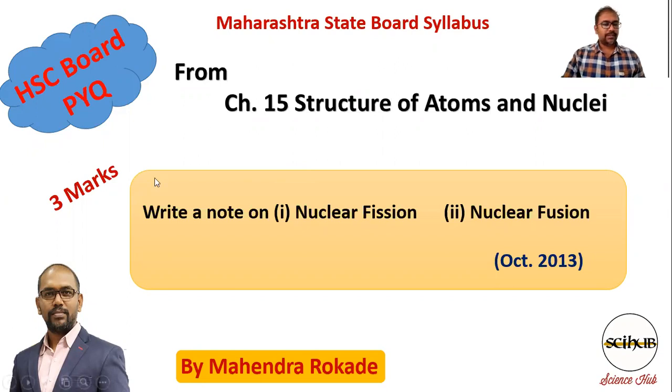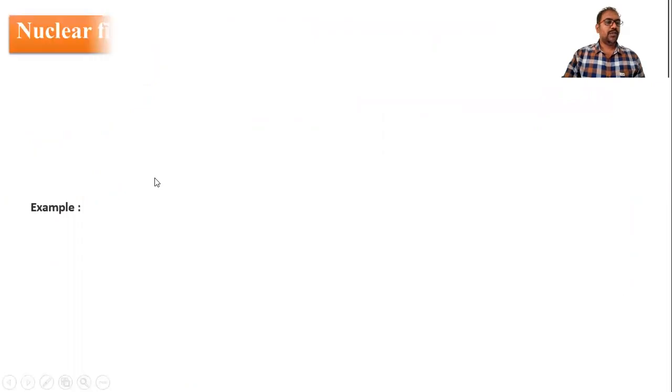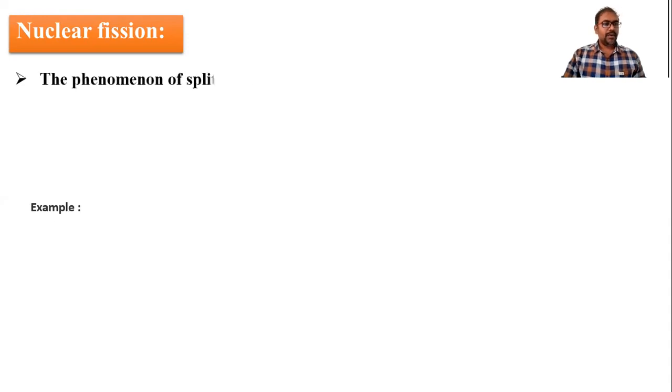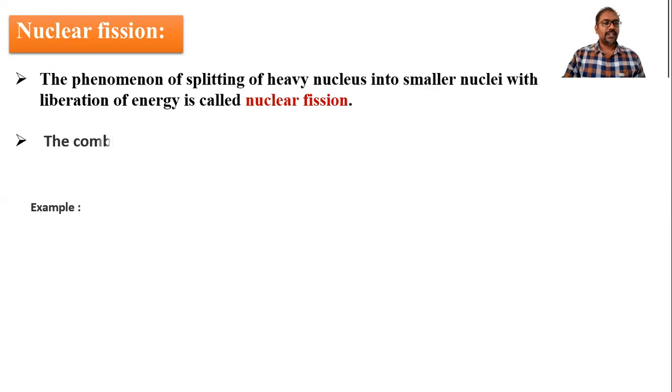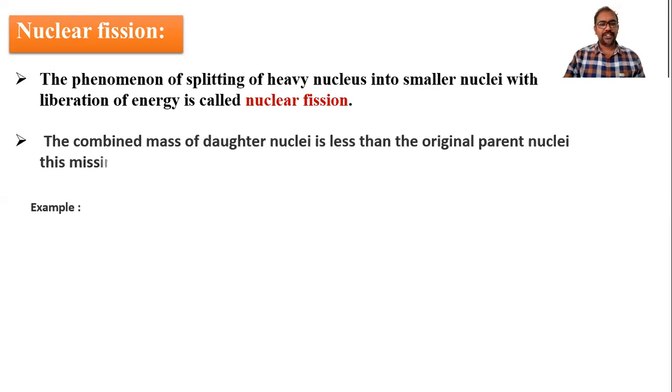So nuclear fission first. Let's see what is nuclear fission and one example. Basically, nuclear fission and fusion are the two processes which occur to attain stability. Now, what is nuclear fission? The phenomenon of splitting of a heavy nucleus into smaller nuclei with the liberation of energy is called nuclear fission.